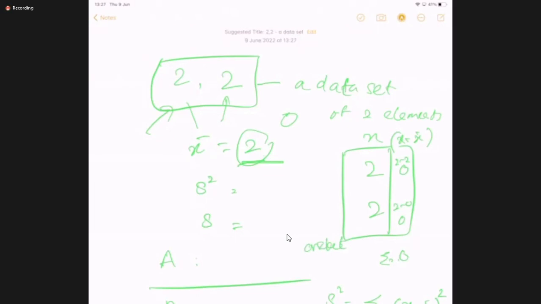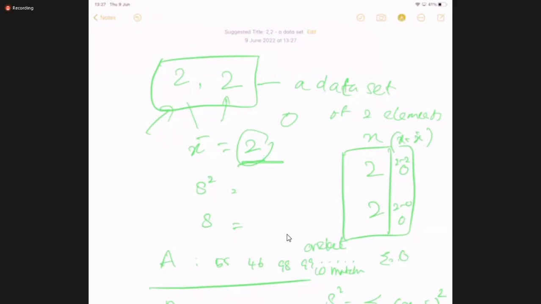Right? So if we take two players A and B, and if you take their scores for 10 matches, let's say 55, 46, 98, 99. Likewise, he has scored some marks.